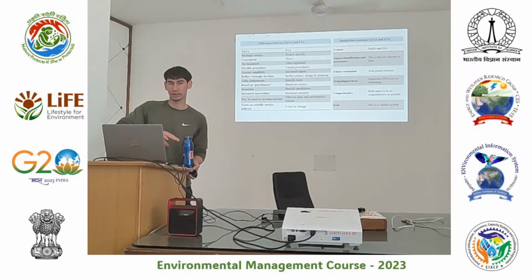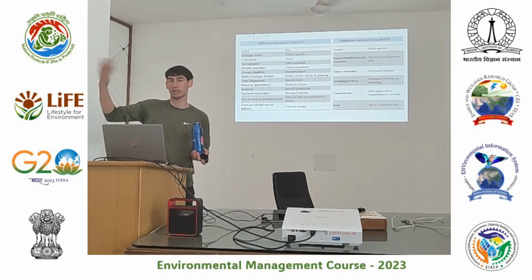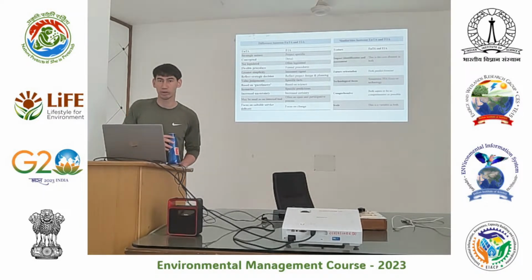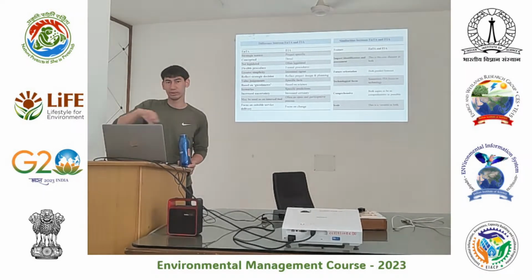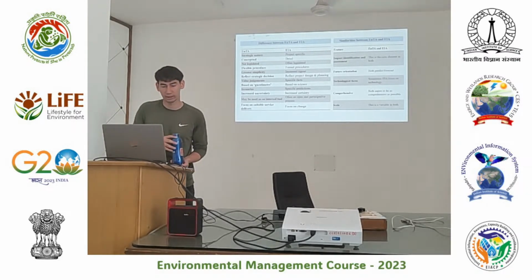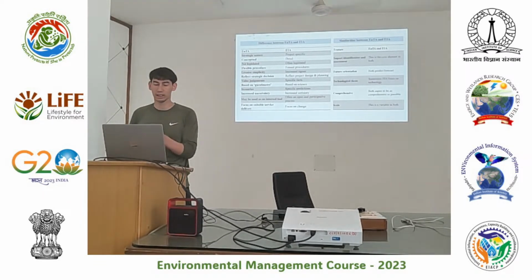We can say that these will happen or these can happen. But EIA is based on science, or on what we find when we do the survey. Then the scenario is a specific prediction with increased uncertainty.